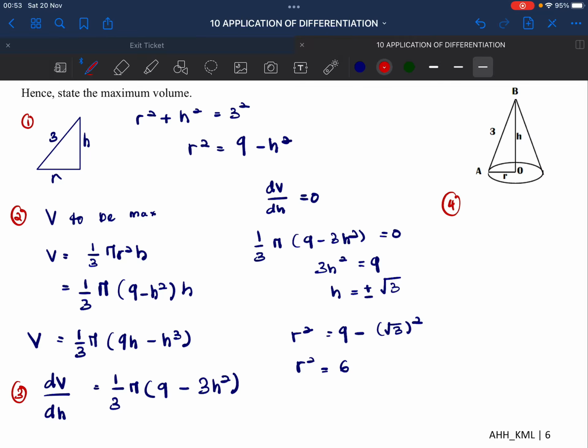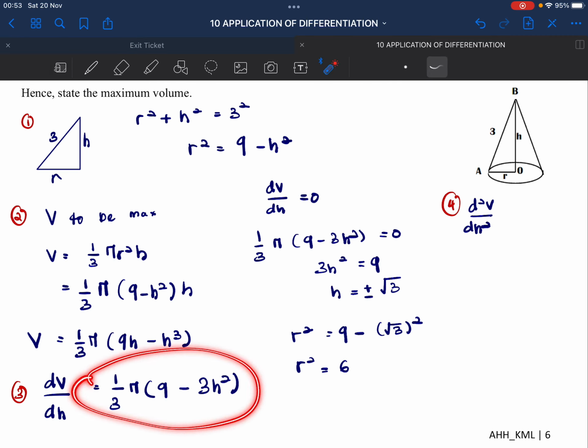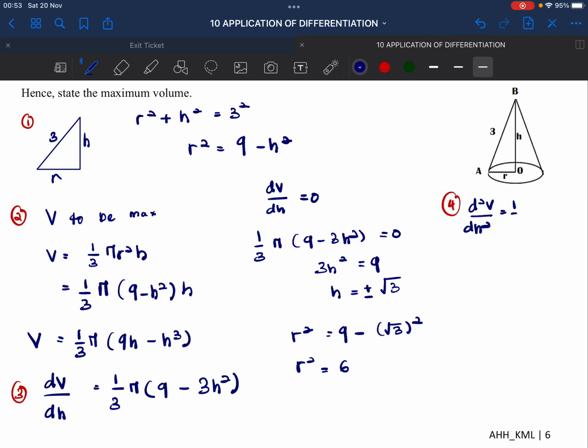Now the fourth step, we are going to find our second derivative, d2v over dh square. Where is our first derivative from earlier? This one. So it equals 1 over 3 pi times minus 6h. Here we can simplify to minus 2 pi h.